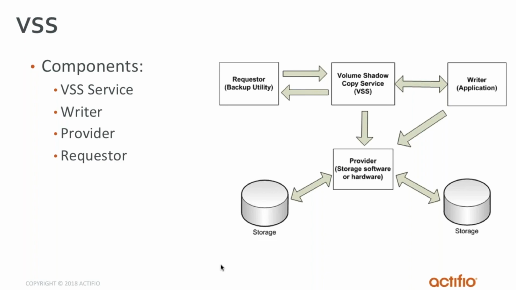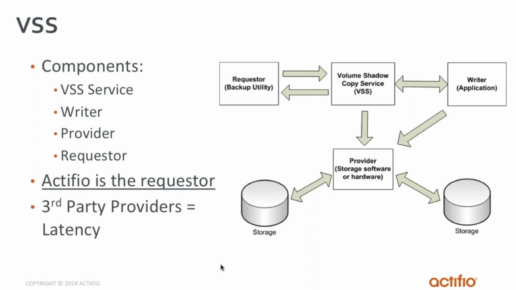And then, of course, the final component is the requester. The requester is what's initiating the whole process and asking the VSS engine to create a snap or delete a snap, etc. The way that we use VSS, Actifio is the requester and the requester only. And this is a really important differentiation because so many third parties provide the provider.